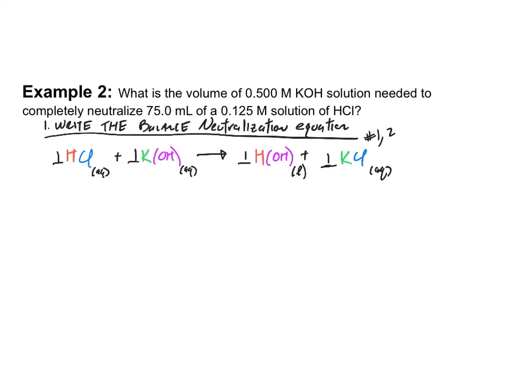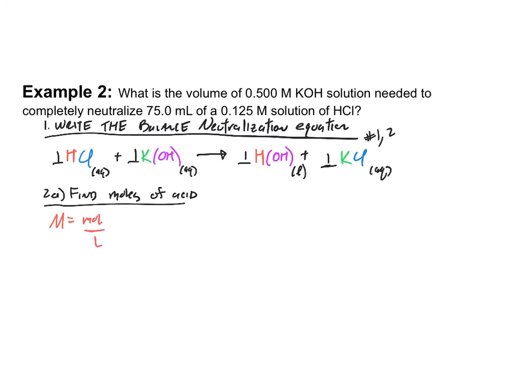And so again, I'm going to go through the same process. The first thing I'm going to do is find moles of, in this case, acid. So we know that molarity is equal to moles over liters.